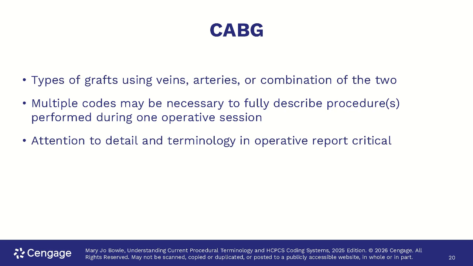And what do you know about add-on codes? They cannot be used alone. So these codes are meant to be used with the next range of codes, 33533 to 33538. And these are codes for either arterial only or when you're trying to report arterial and venous.